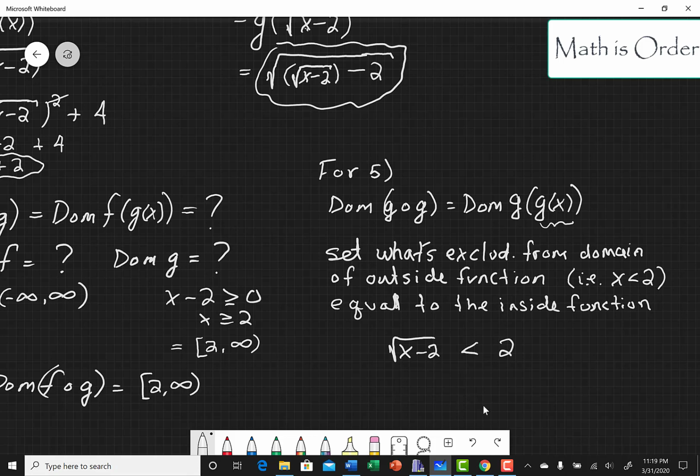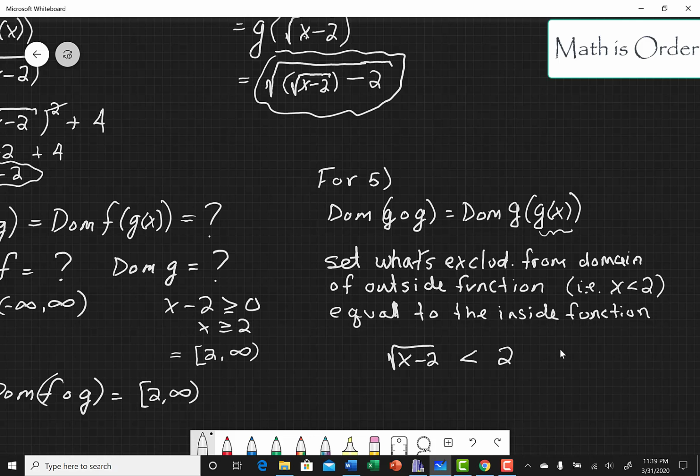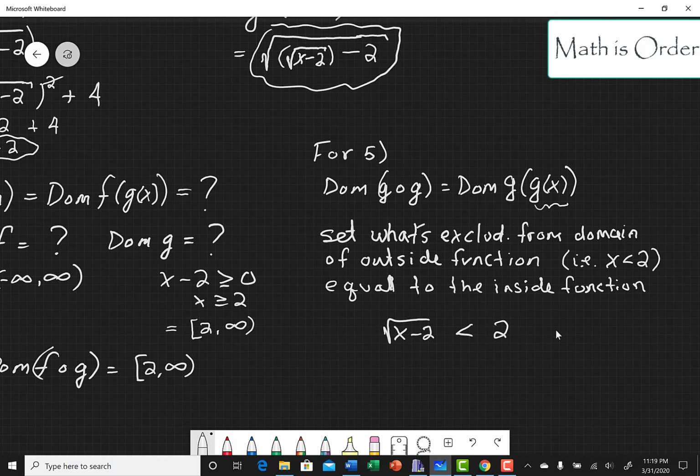And then we want to solve this. Once we solve this, that's going to be the value we get, what must be excluded from the domain in addition to whatever is excluded from the inside function.